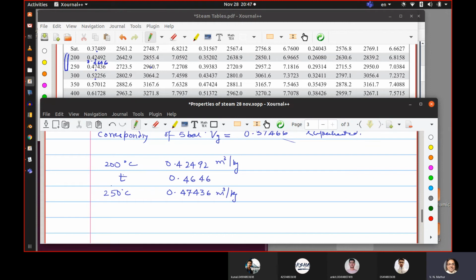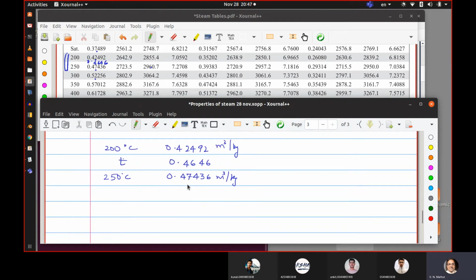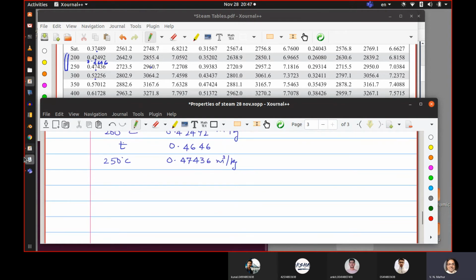We'll use the same formula for interpolation. This time we know the value and we have to find out the temperature.